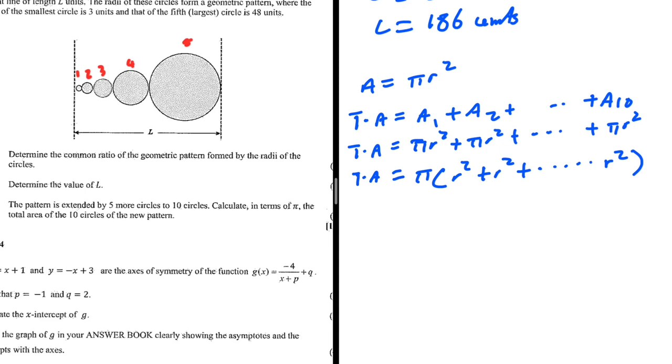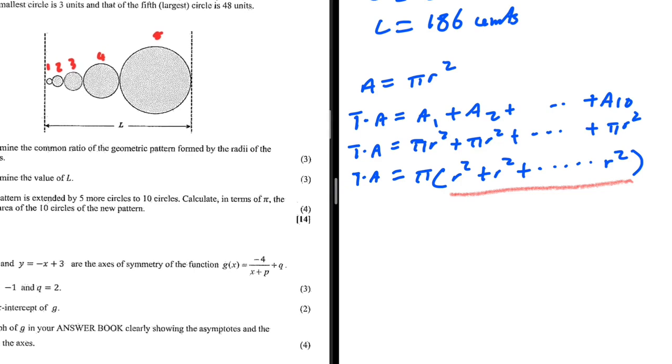So can we actually find the answer to this using an equation? Let me take a look at the marker location. The marker location is 4. Think about it. Can you actually find r squared plus r squared up until the last circle using one equation? Obviously, we can do it manually, right?